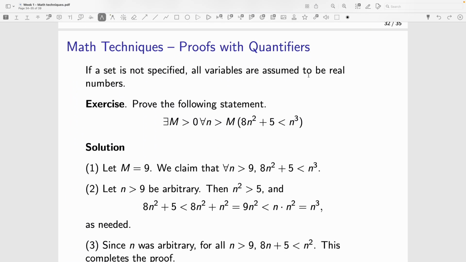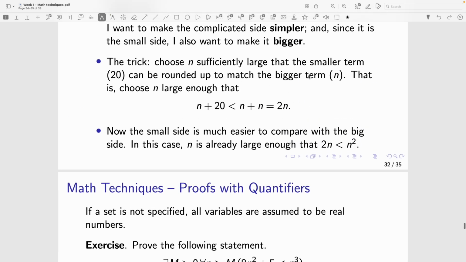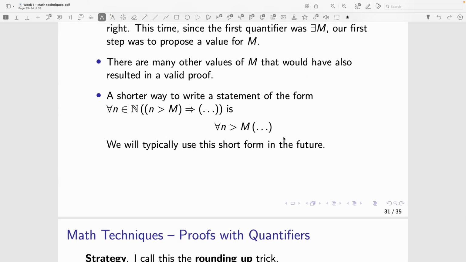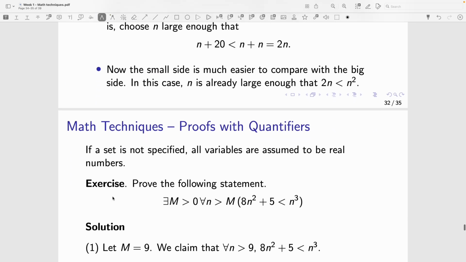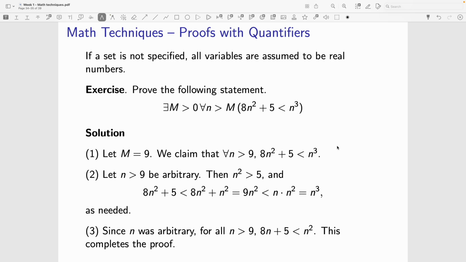Oh yeah, all variables are assumed to be real numbers. So that example of this simplification isn't actually that good. It should probably be the integers. So what do we have now?